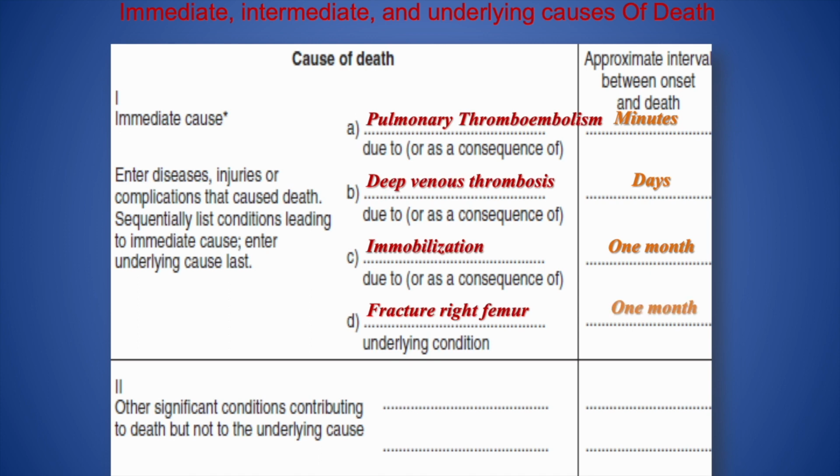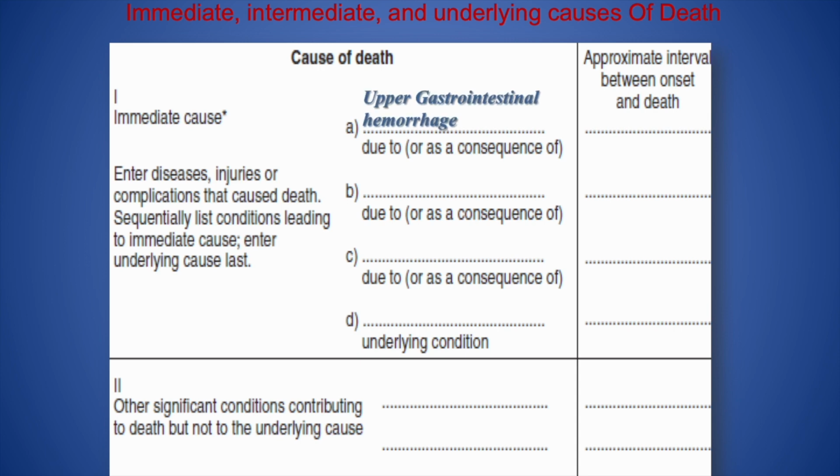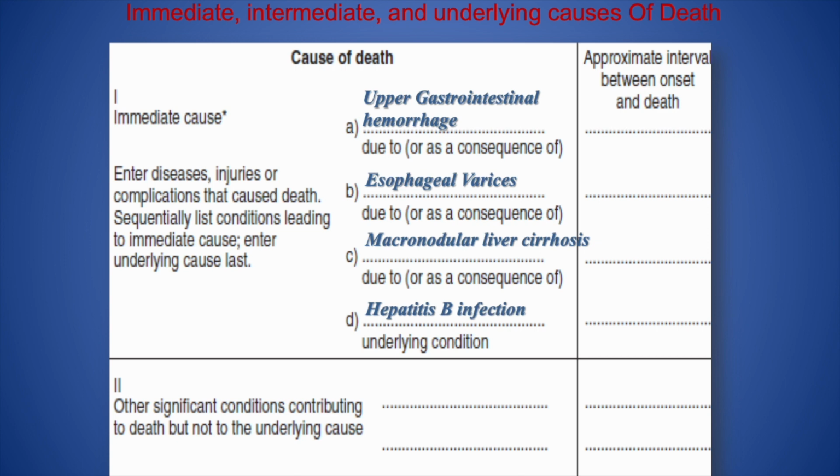Okay, another example. A patient with upper gastrointestinal hemorrhage. This is the direct cause of death. He died from extensive upper GI hemorrhage. One intermediate cause is esophageal varices, and the esophageal varices resulted from macronodular liver cirrhosis, and the liver cirrhosis was a result of hepatitis B infection.